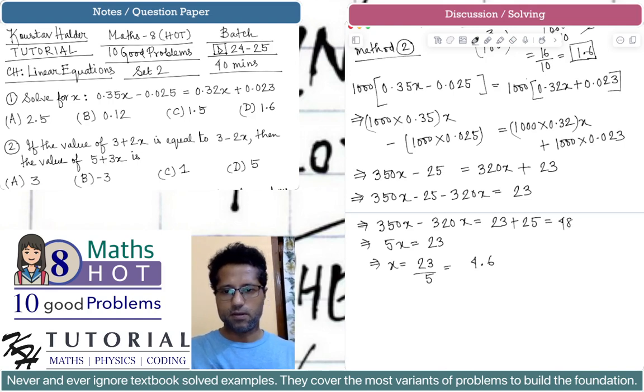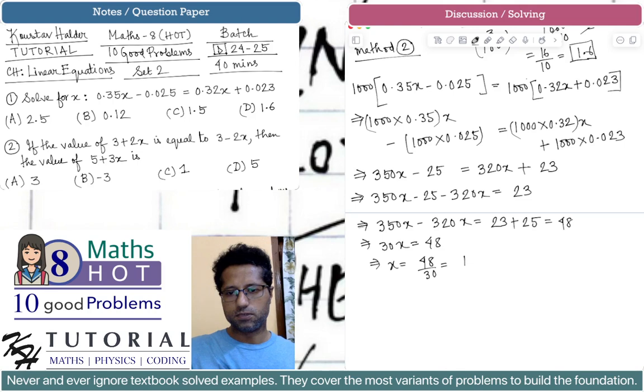So 350x minus 320x is 30x, which is equal to 48, and we have x is equal to 48 by 30, which is equal to 16 by 10, which is equal to 1.6.